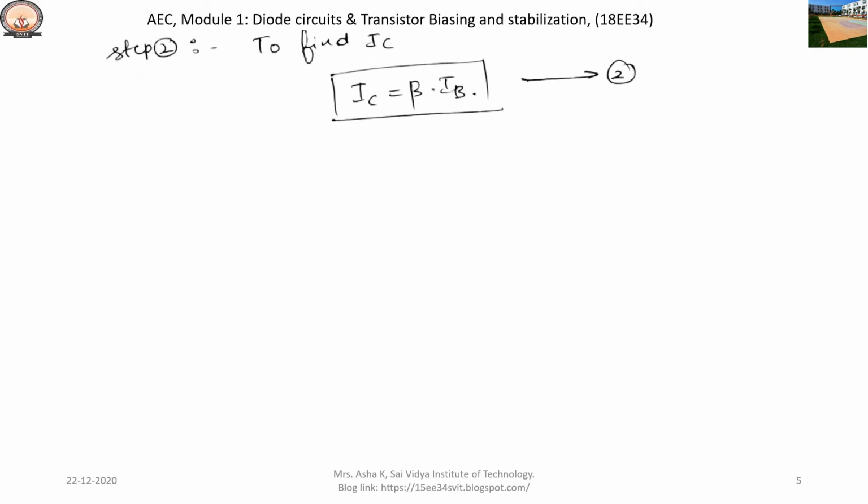Now to find the output current IC, that is the collector current, we know that IC is equal to beta times IB, where beta is the ratio of output current IC by input current IB. It is called the common emitter current gain.